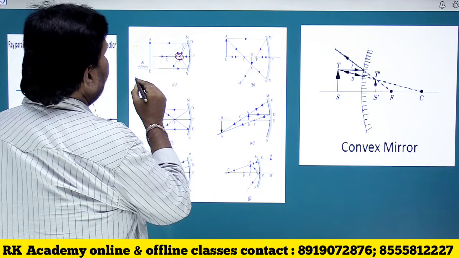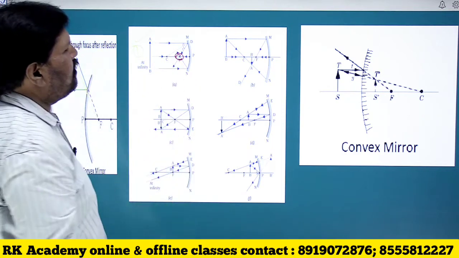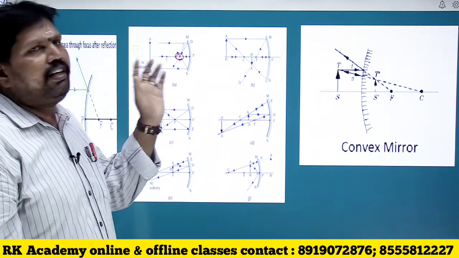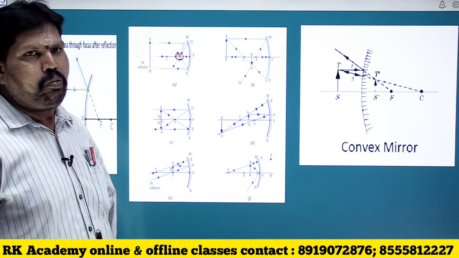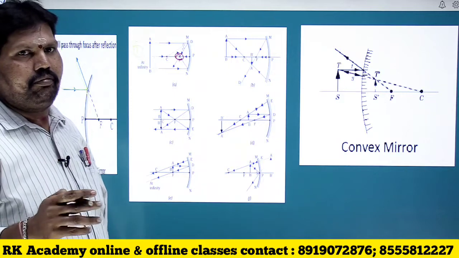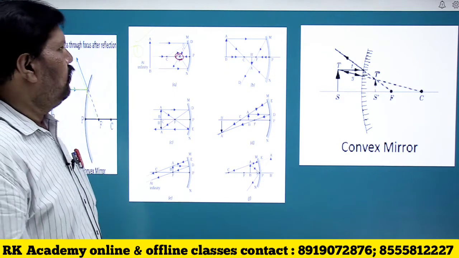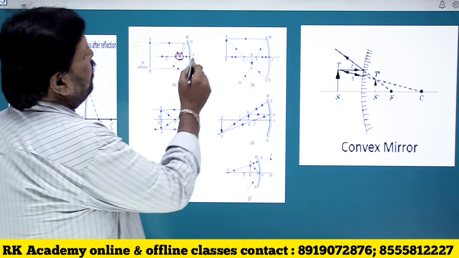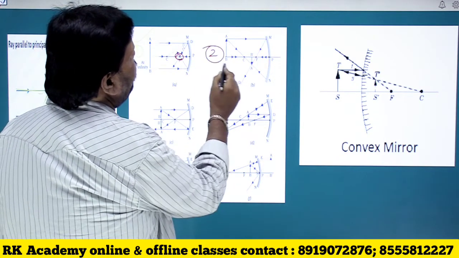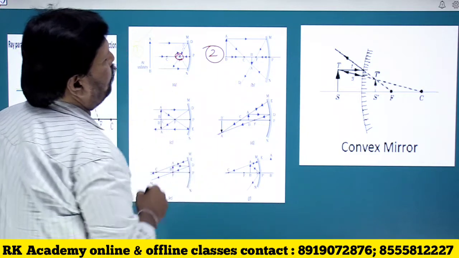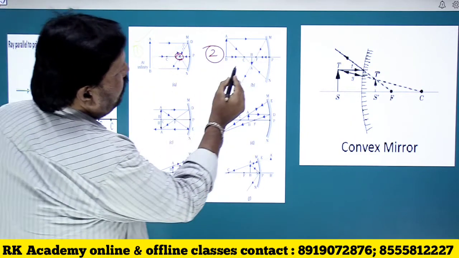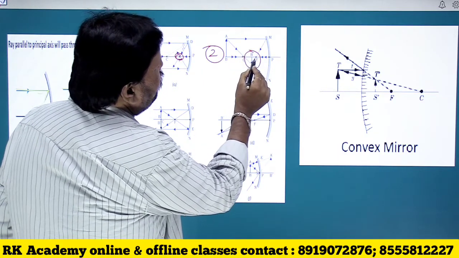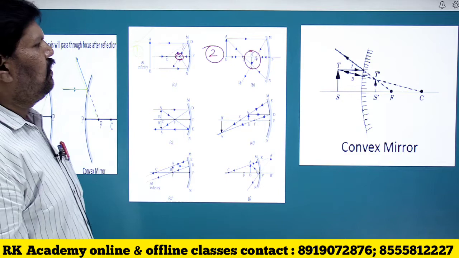This is a diminished, small size image, and it is real and inverted. The second one, if you observe, if the object is beyond the center of curvature, then the image is formed in between the center of curvature and focus.